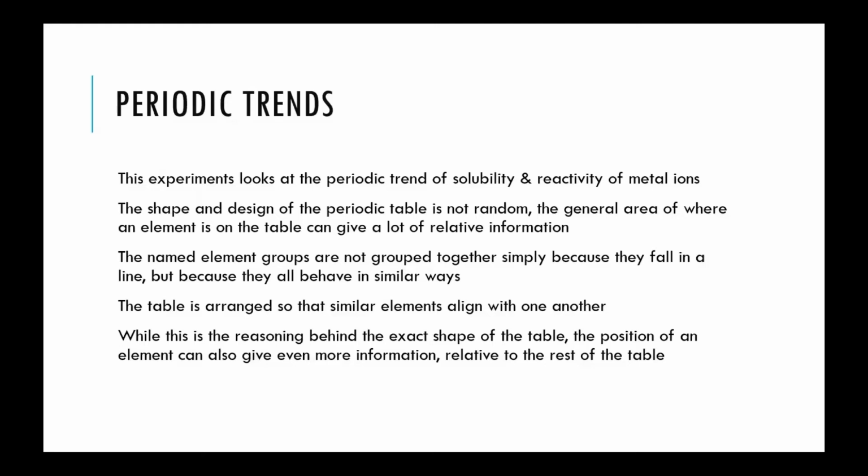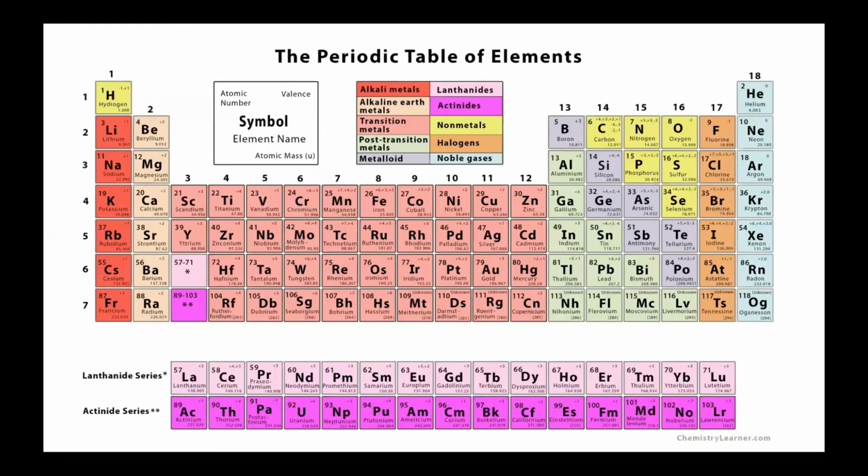The periodic table is shaped and grouped in such a way that elements with similar properties are in the same group. You see the periodic table is in this sort of shape. Again, elements with like properties are in the same group or the same columns. And there are different sections of the periodic table.